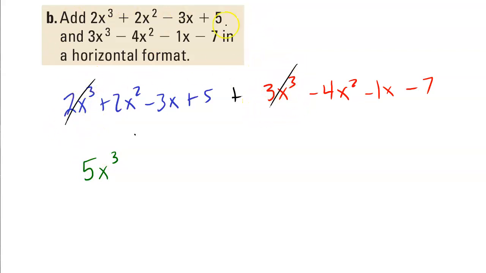Now if we look at the x squared, this 2x squared, there's a like term over here, negative 4x squared. So if I take 2x squared and then minus 4x squared, or 2x squared plus negative 4x squared, I get a negative 2x squared to finish that one off.